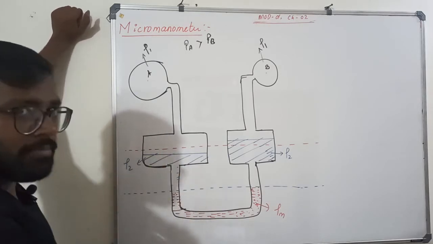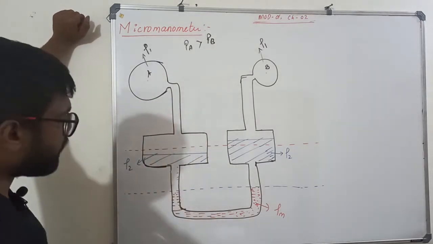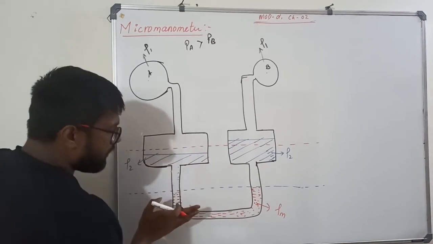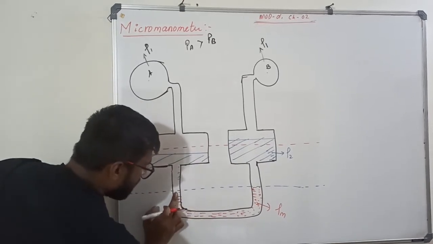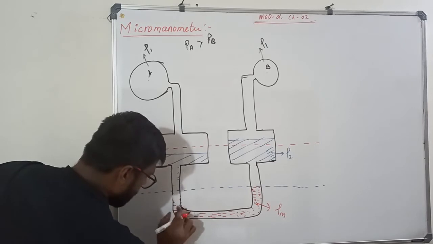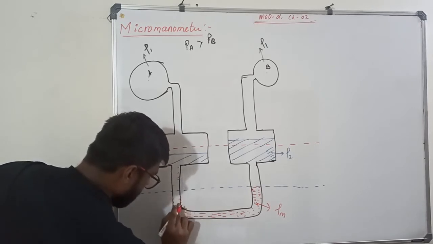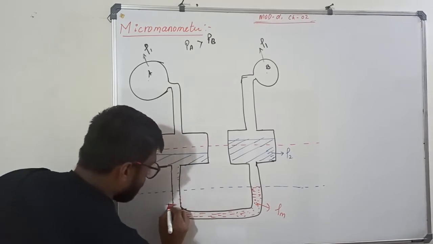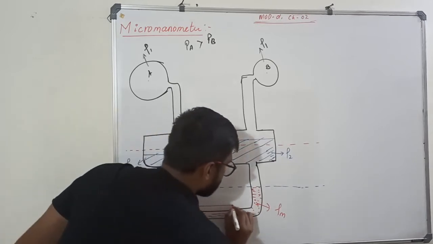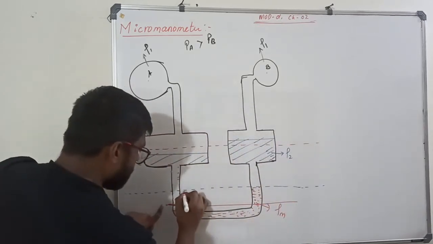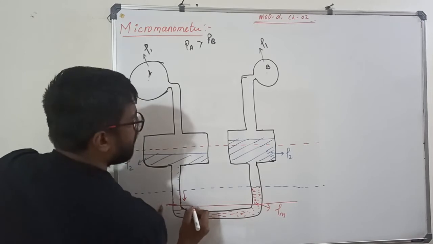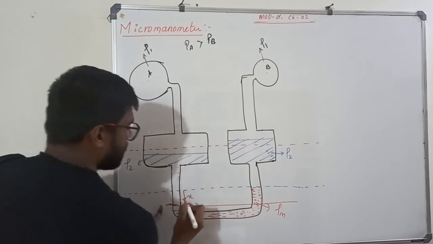Now I have applied pressure here, PA is greater than PB, I am assuming. So it will push the manometric fluid by some amount. Let us say it has pushed till this level. Let the push be X.